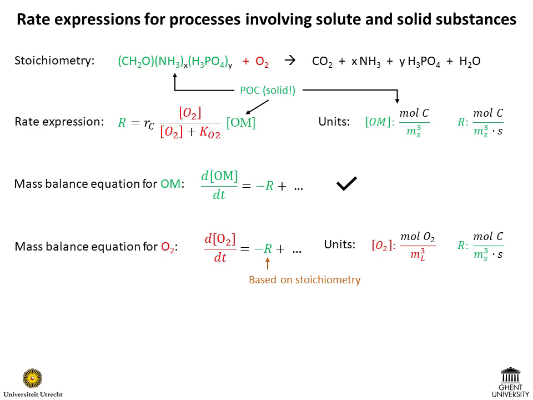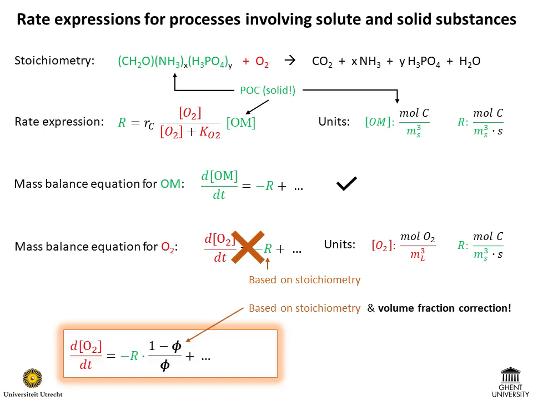Because oxygen is a dissolved substance, its concentration is in moles per cubic meter of the liquid phase. Therefore, the left-hand side in the mass balance equation is per cubic meter of liquid, whereas the right-hand side is per cubic meter of solid. This means that the mass balance equation is not yet correct.